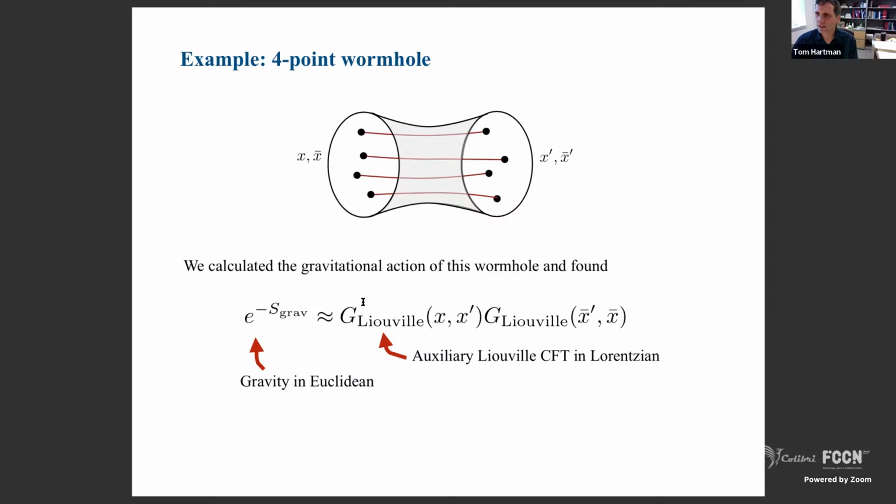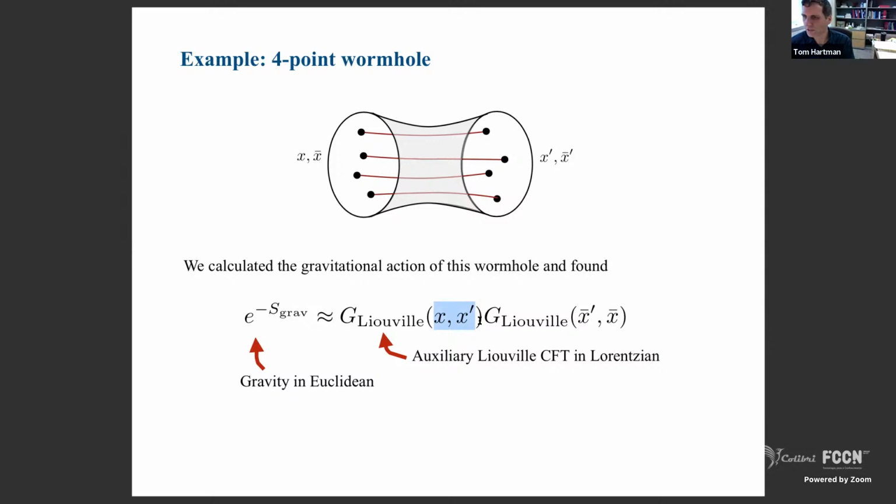A funny thing here is the way the cross ratios show up. Okay, we started with a gravity calculation in Euclidean signature with a cross ratio x, x bar on the left, x prime on the right. But the Liouville correlation functions are in Lorentzian signature, because the arguments here of the Liouville correlation function are not complex conjugates of each other.